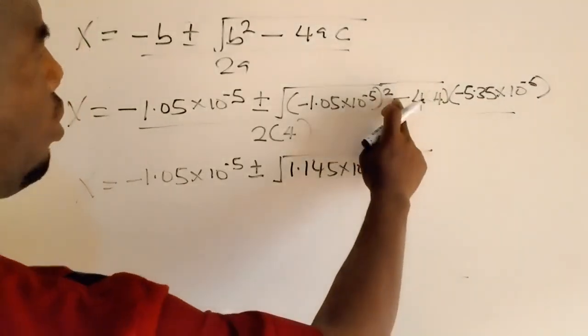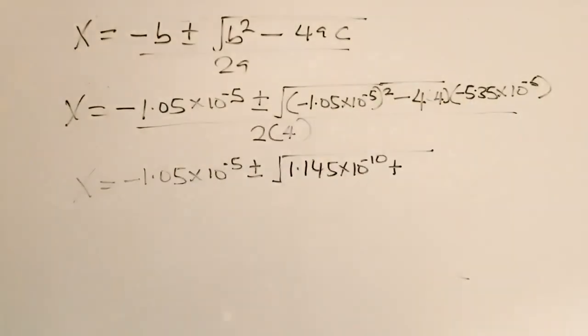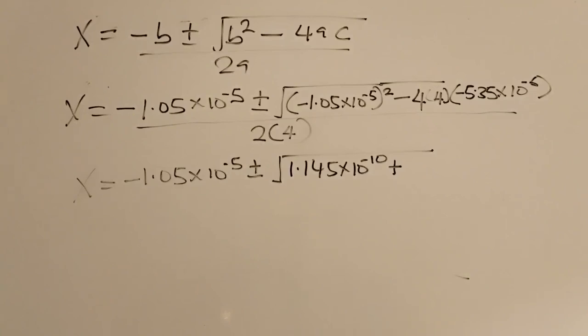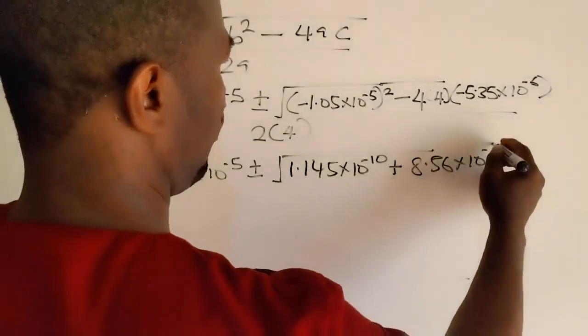Then here minus times minus gives you plus. 4 times 4 is 16. So 16 times 5.35 to the power minus 6 gives us 8.56 to the power minus 5.